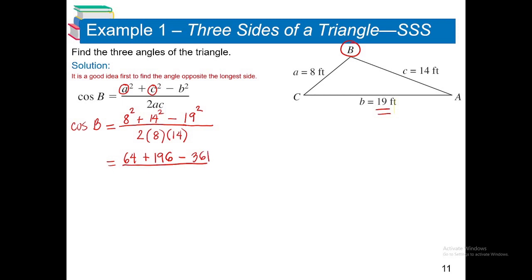All over, multiply 2 times 8 times 14, which is 224. Next, what is 64 plus 196 minus 361?